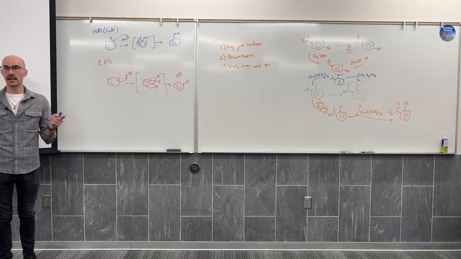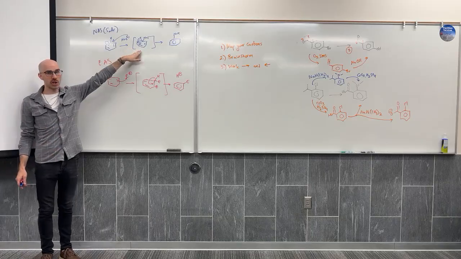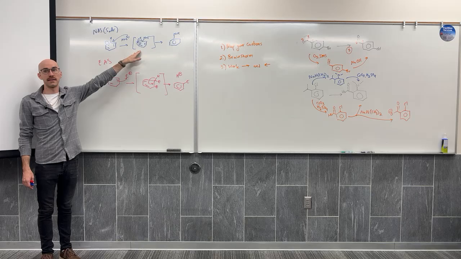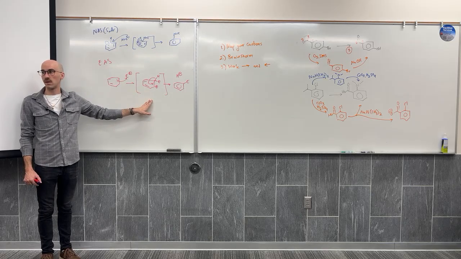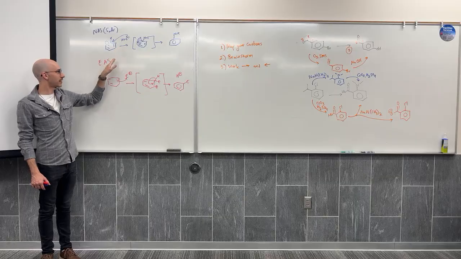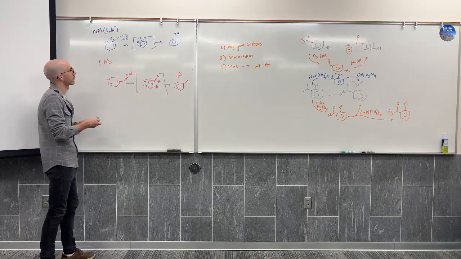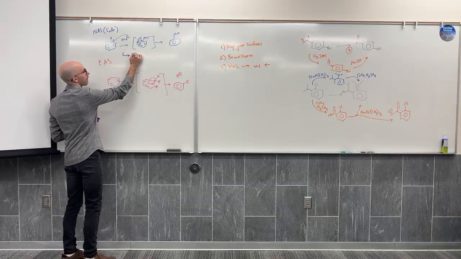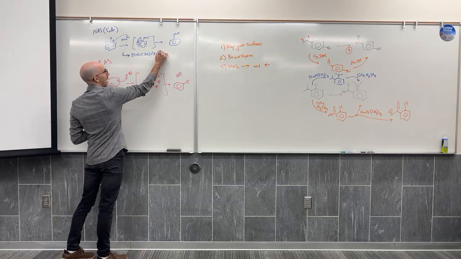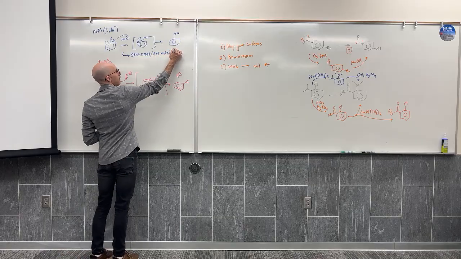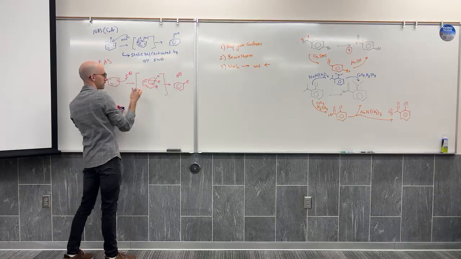Equal and opposite reactions. Notice that the sigma complex had a negative charge in NAS. The sigma complex has a positive charge in EAS. The ring was attacked in NAS. The ring does the attacking in EAS. Stabilized, or in other words, activated, by ortho-para electron withdrawing groups in NAS.